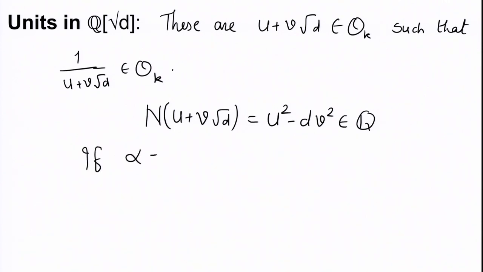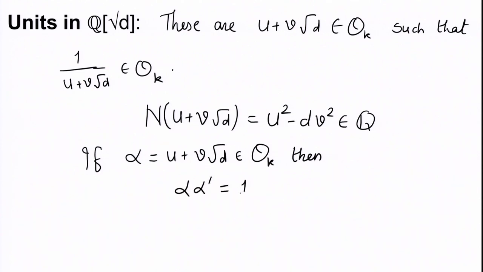In fact, if alpha equal to u plus v root d is in OK, then alpha has an inverse, and that would mean that the norm of alpha divides 1 in rationals. In fact, this norm is going to divide 1 in the set of integers.